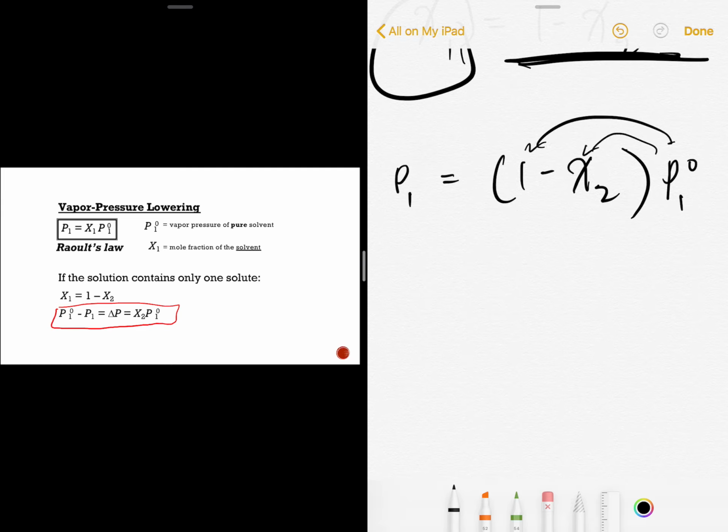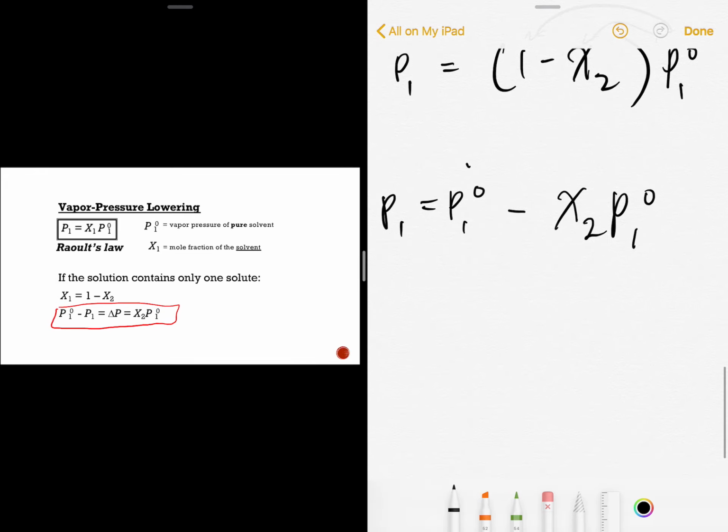P1 naught is now equal to minus X2 P1 naught, ayan, is equal to P1. So, you transfer this to the left-hand side of the equation.